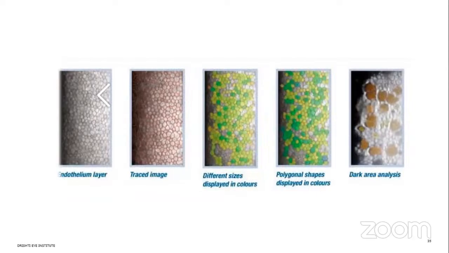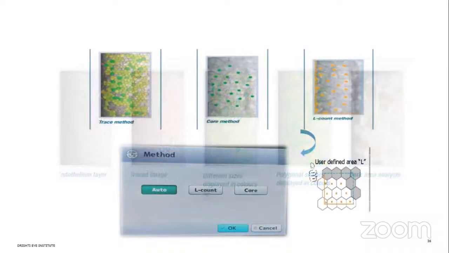The image of the corneal endothelium can be displayed with cell shapes, which can be traced like this in different colors, as well as with different areas and structural forms of cells displayed in different colors. Providing details in different colors gives a better visual understanding of the condition of the corneal endothelium.